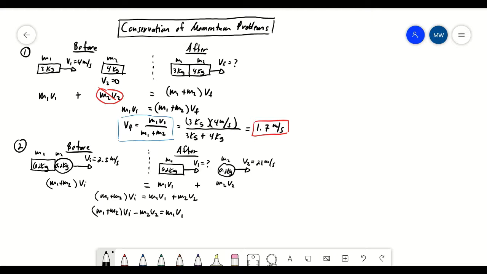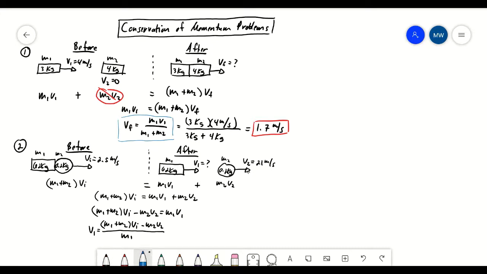And now all I have to do to get v1 all by itself is just divide by m1. I'm going to rewrite it this way for the equation. So v1 equals m1 plus m2 times v initial minus m2 v2, divided by m1.